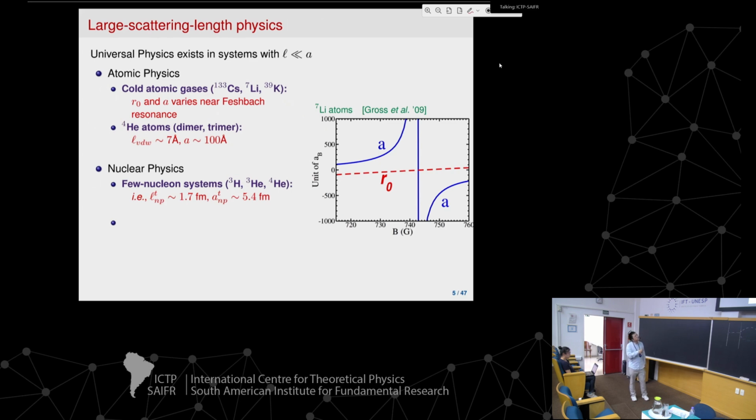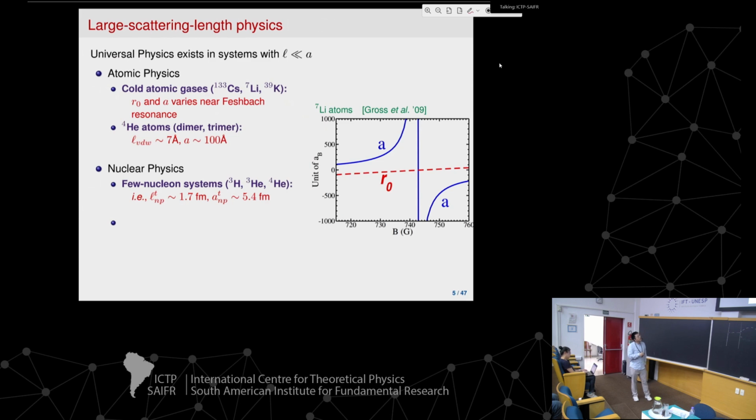So basically, you can use the universal features to describe those very different systems. If you move to nuclear physics systems, you will see that for the very light nuclei, such as triton, helium-3, and helium-4, the range of the interactions for neutron-proton is about 1.7 Fermi. Basically, like what Ingo said, it's determined by the pion exchange interactions.